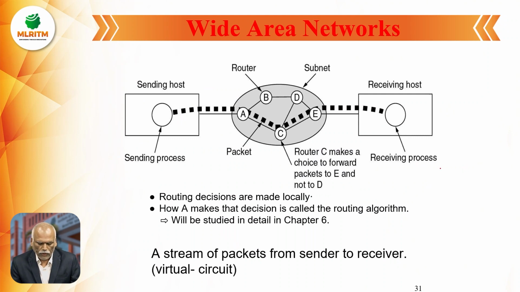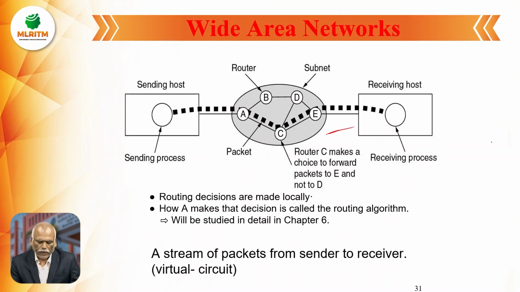Here is an example of subnet implementation, where a stream of packets from sender to receiver is sent through a virtual network or real circuit. In this diagram, there is a sending host and a receiving host, where the sending process sends the packets of information through the subnet. The subnet consists of routers established with communication links, where packets can travel through different paths, hence it is virtual.